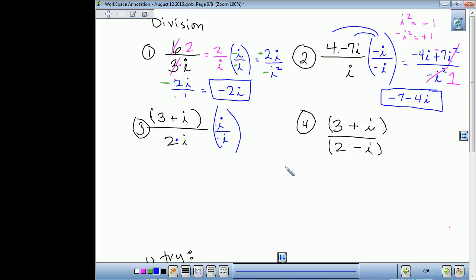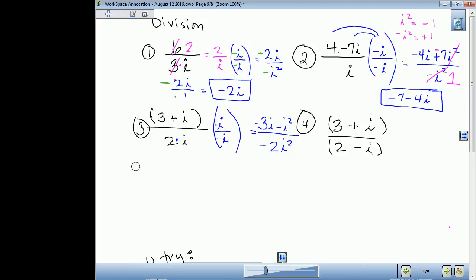So it ends up being positive 2. Do you want us to do both 3 and 4? Hold on.